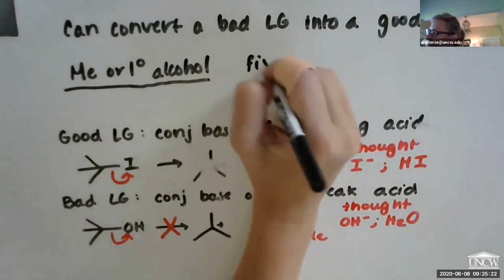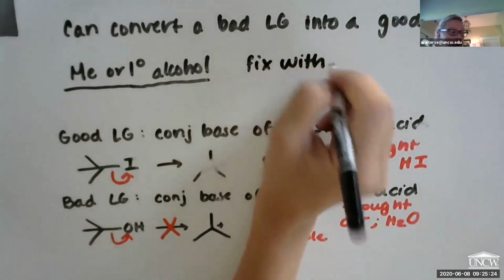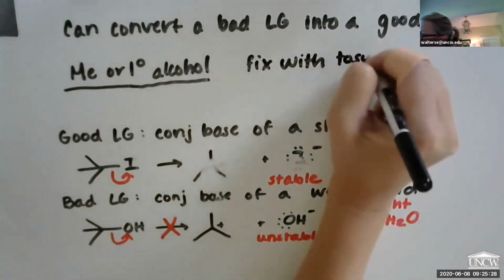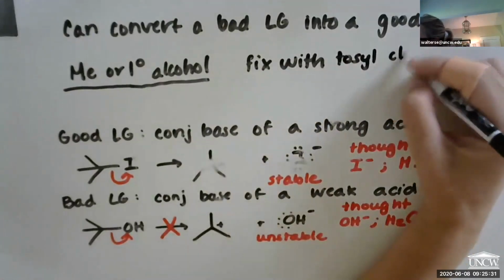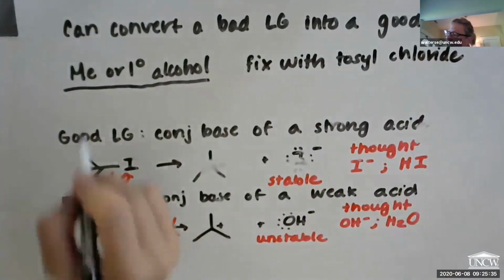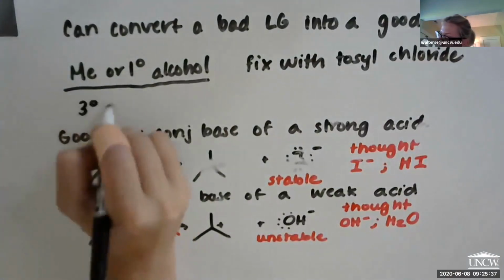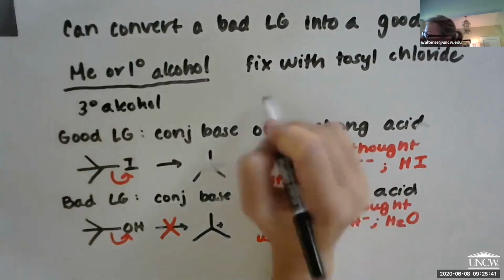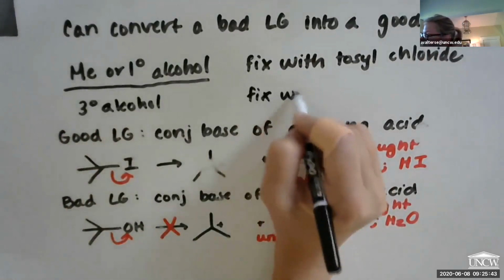You're going to fix with something called tosyl chloride. If you have a tertiary alcohol, and like I said, we're going to ignore the secondaries, you're going to fix that with a strong acid.